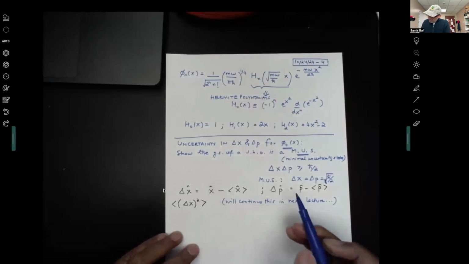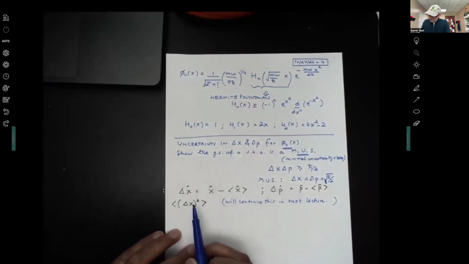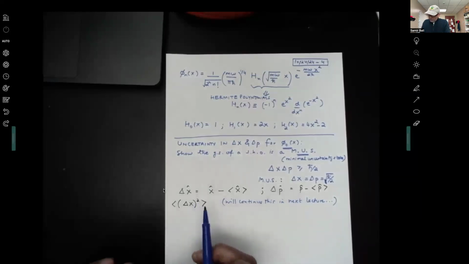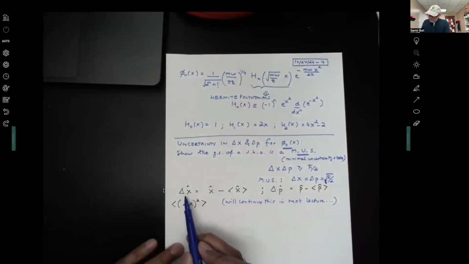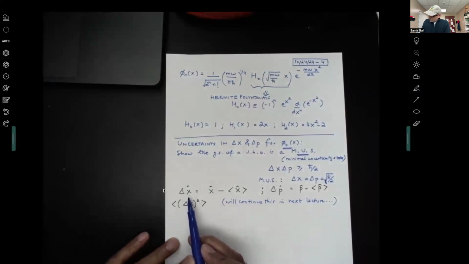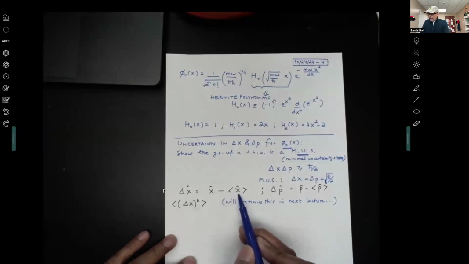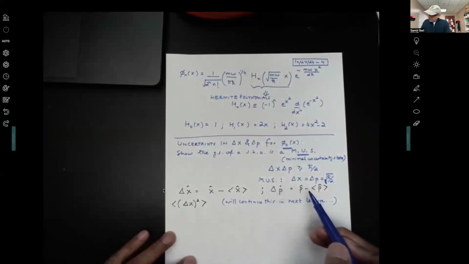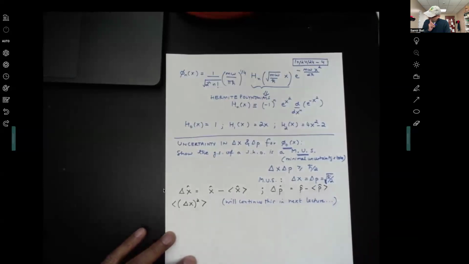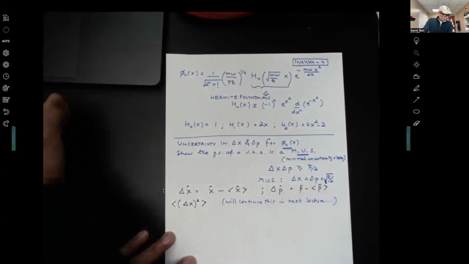So here's the deviation of x, the fluctuation in x. The operator is defined as the operator x minus its average value, its expectation value. The fluctuation in the momentum is the momentum operator minus the average value, or the expectation value, of the momentum operator.